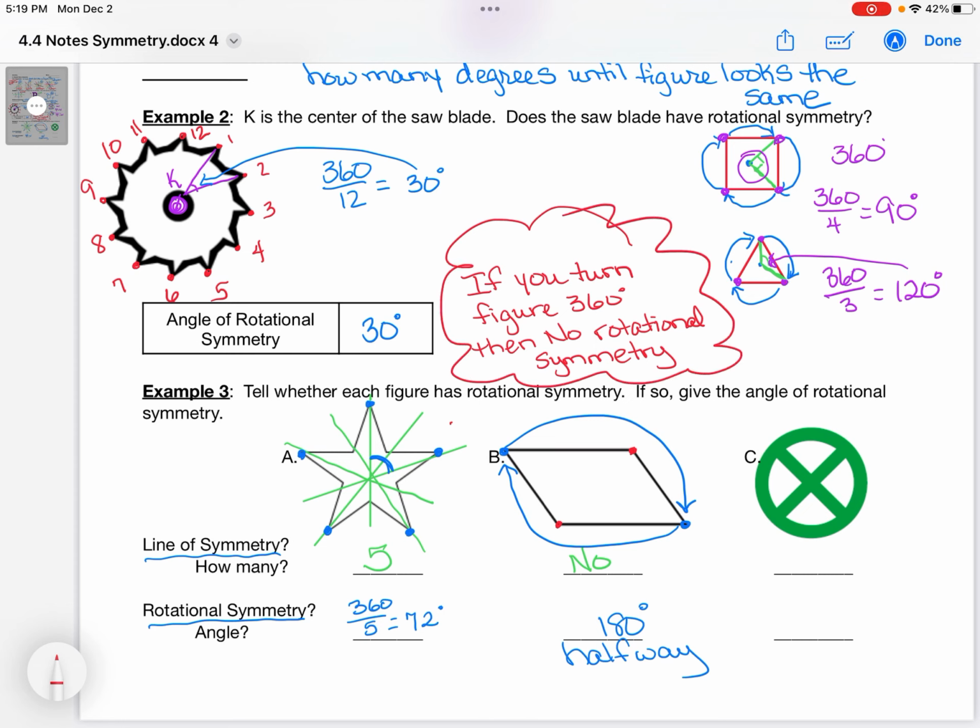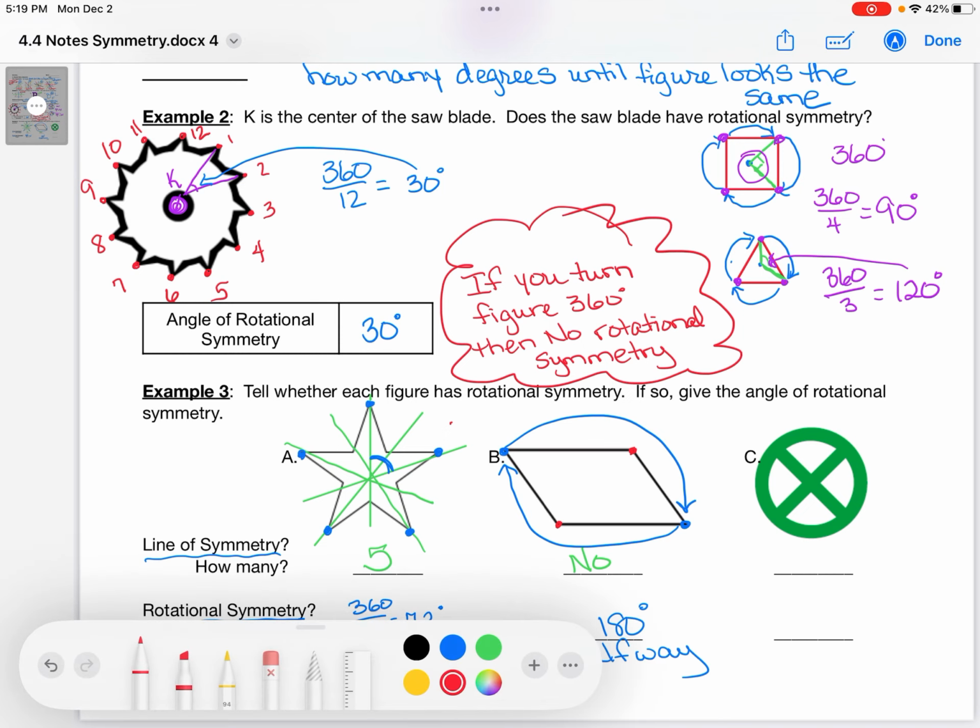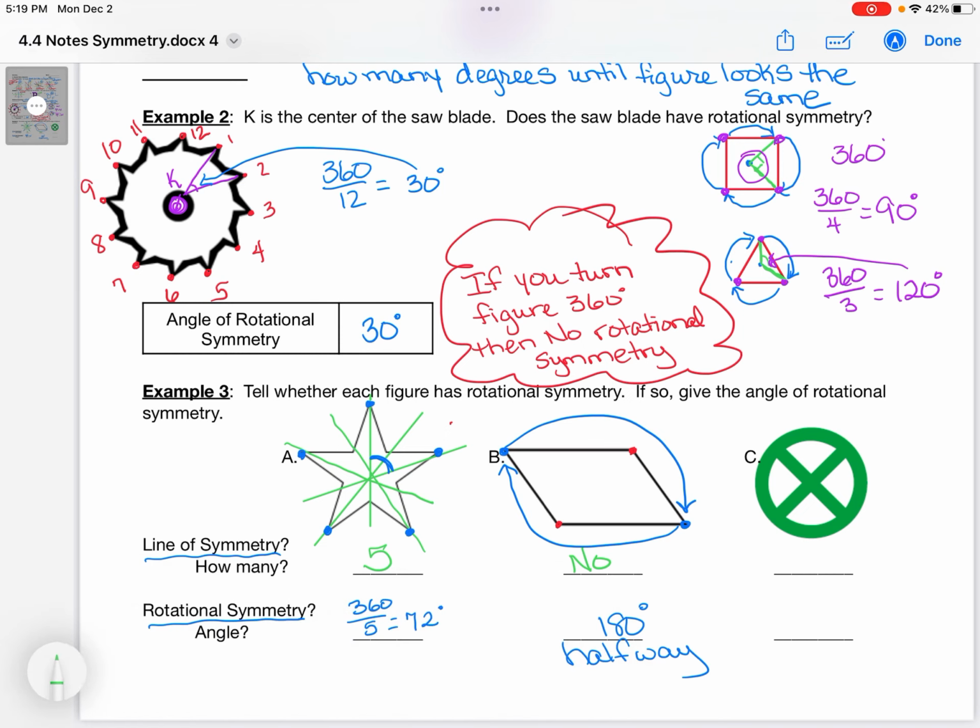If you have to go all the way around to 360, then you say no rotational symmetry. You should never write 360 for a rotational symmetry, because that's not a thing. It's kind of like -0. If you're in my class, you know that drives me crazy.